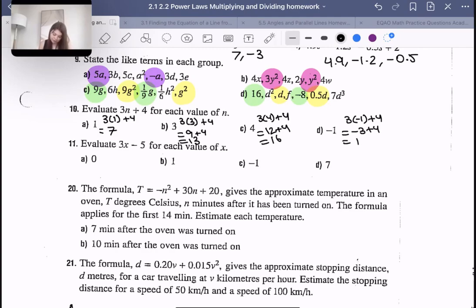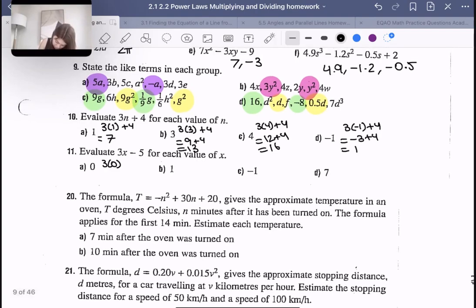So there we go. Now they're asking us to evaluate 3x minus 5 for each value of x. So the first one is 0, so 3 times 0 minus 5 is equal to -5. Then we have 3 times 1 minus 5, which is equal to 3 minus 5, or -2.